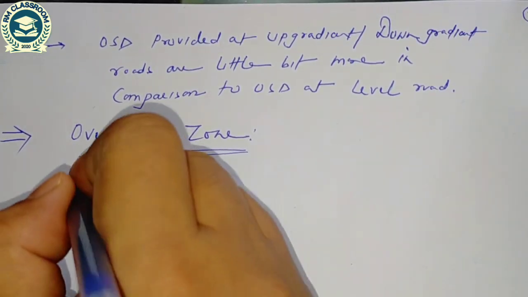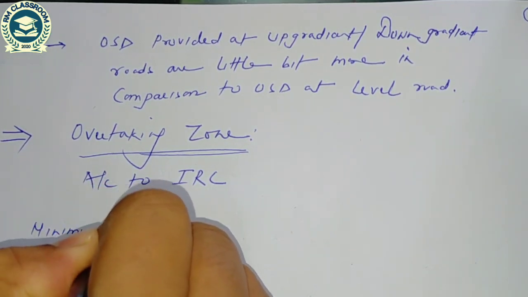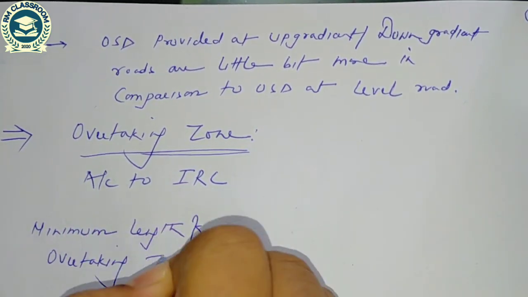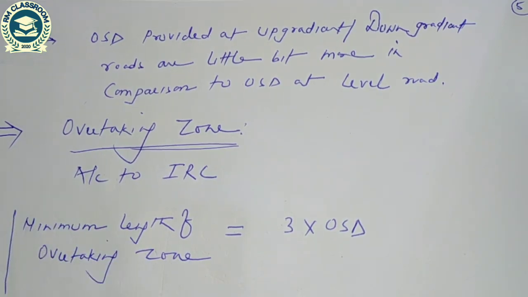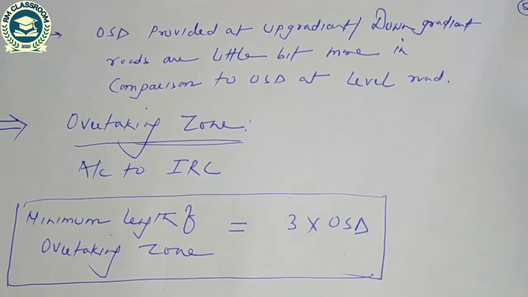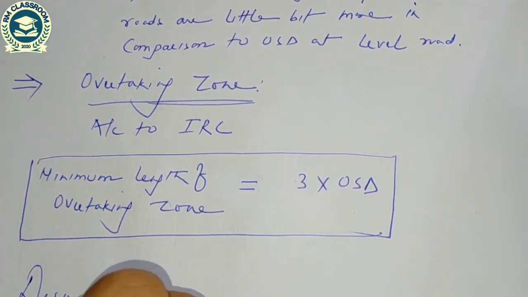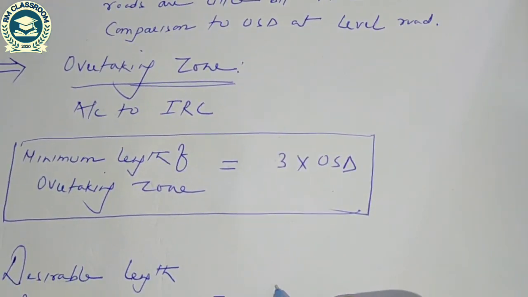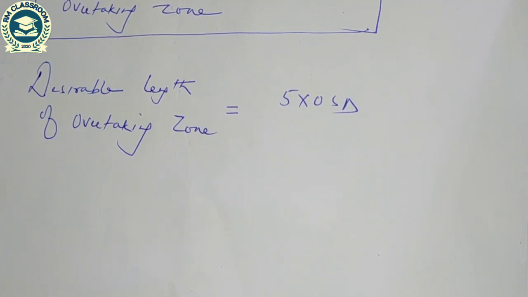So according to IRC, minimum length of overtaking zone is equal to 3 times the overtaking side distance, and the desirable length of overtaking zone is equal to 5 times the overtaking side distance.